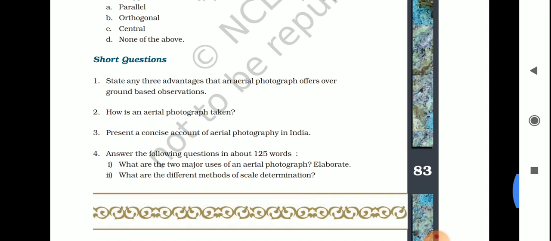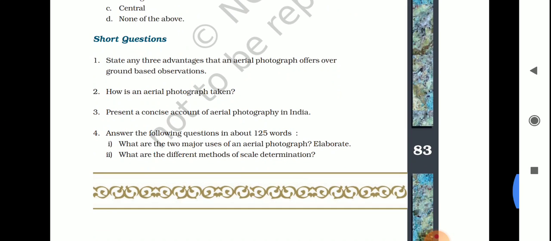Okay, any three you can write if you get this type of question. Second question is, how is an aerial photograph taken? Very simple. An aerial photograph is taken by a precision camera from a platform, from an aeroplane or a helicopter in the air.